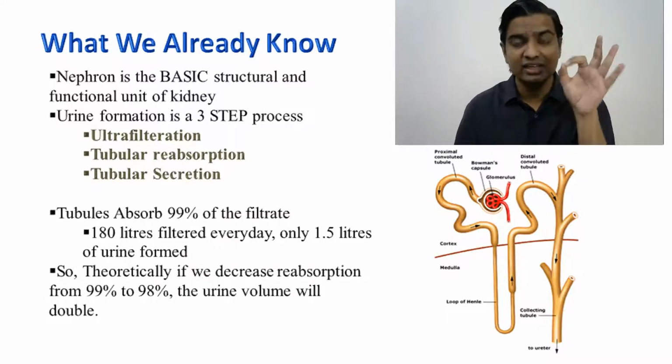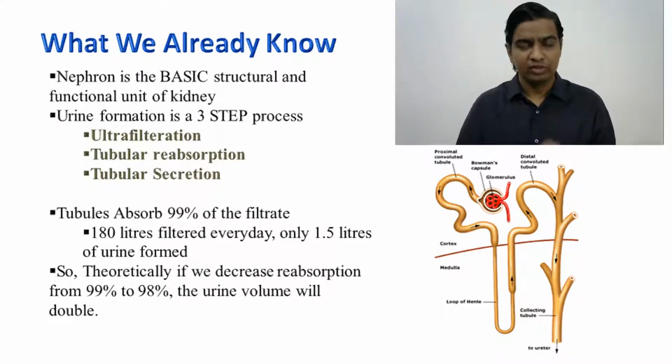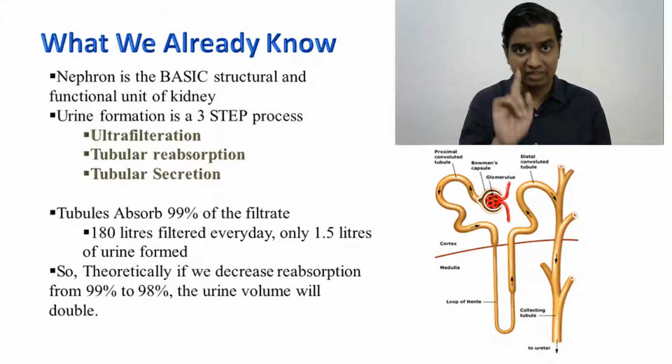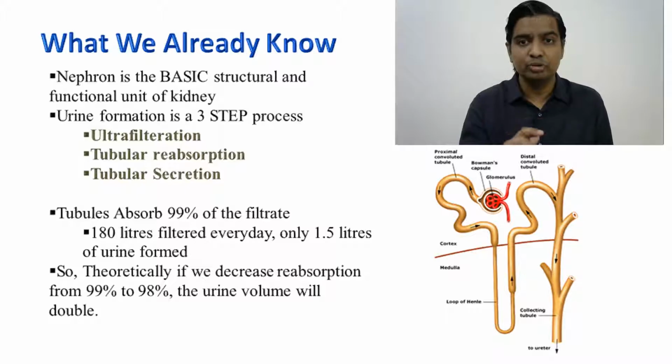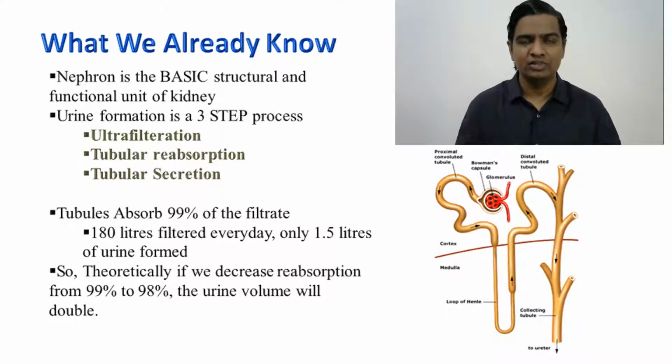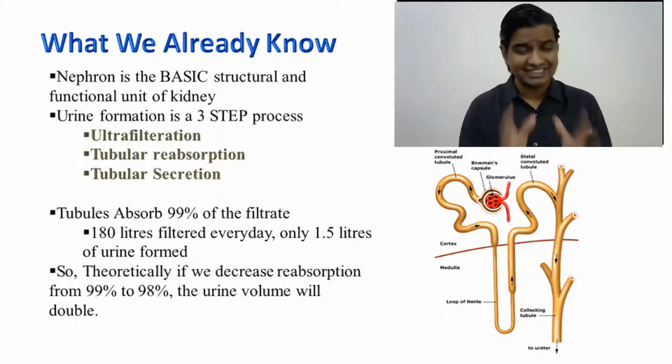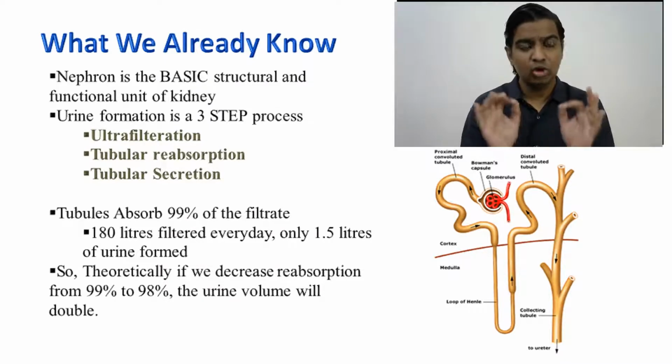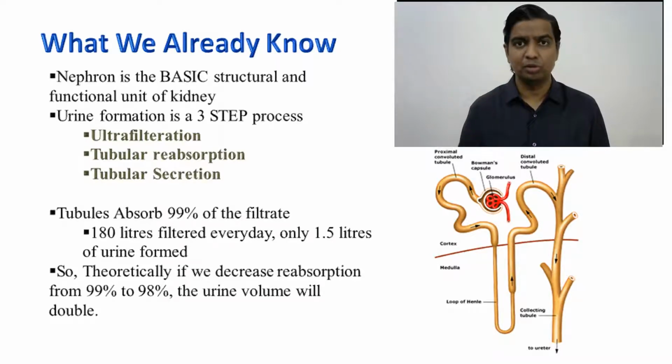Theoretically, if you decrease the reabsorption from 99% to 98%, that's only 1% difference, right? The urine output will change from 1% to 2%. It's literally doubling the amount of urine that is coming out. From 1.5 liters, the urine output will become 3 liters. So that's the basic concept. With a small tweak in the tubular reabsorption, we can get huge urine output.